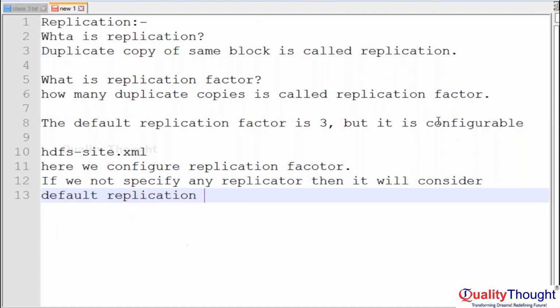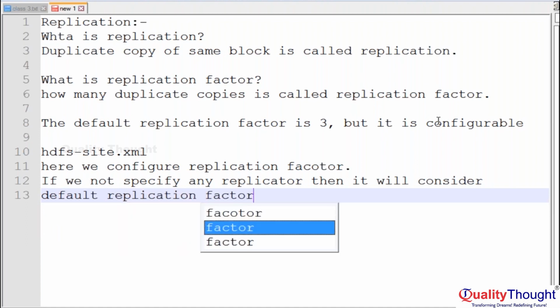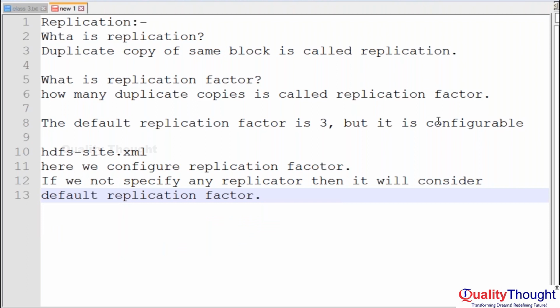So if you do not specify anything in this XML file, it will consider the default replication factor.